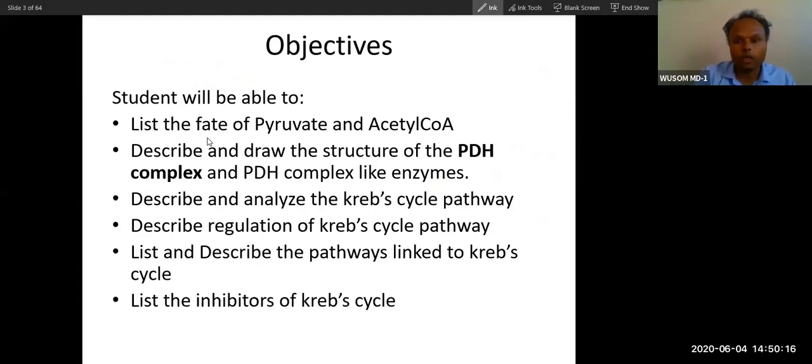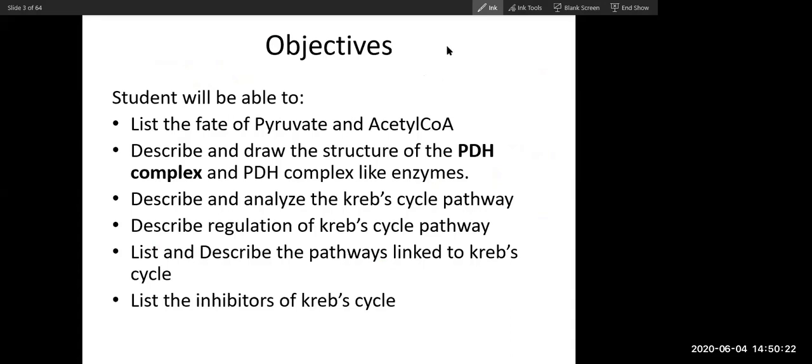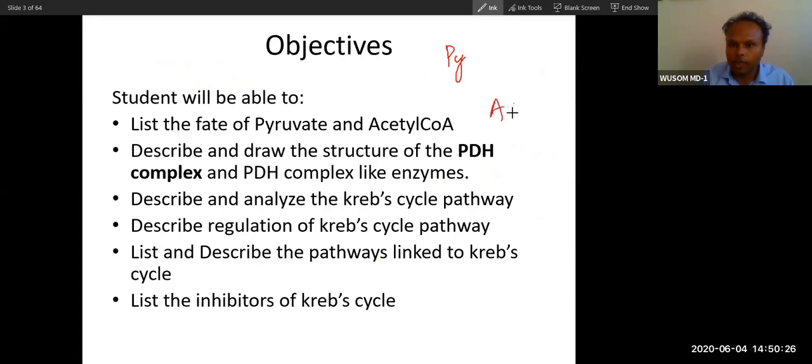So today we will be talking about Krebs cycle. The Krebs cycle starts after acetyl coenzyme. So it is basically burning of acetyl coenzyme. Acetyl coenzyme will convert into 2 carbon dioxide, 2 NADH, and 1 FADH2.